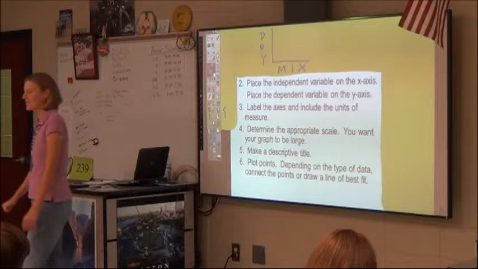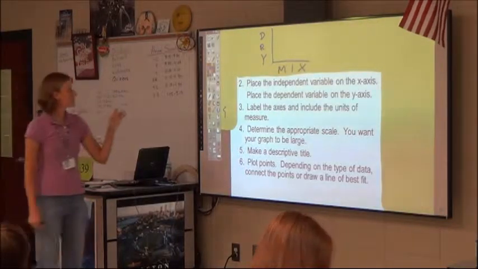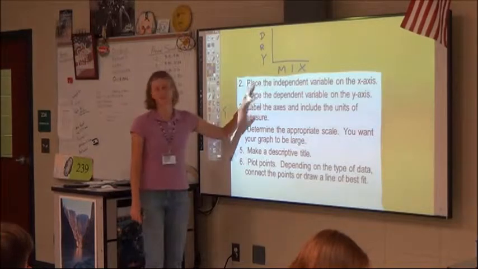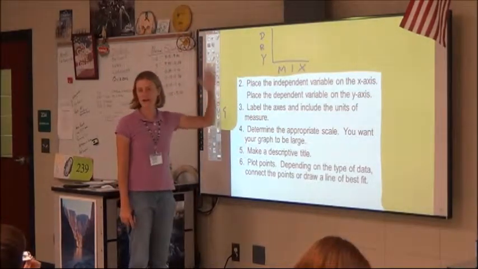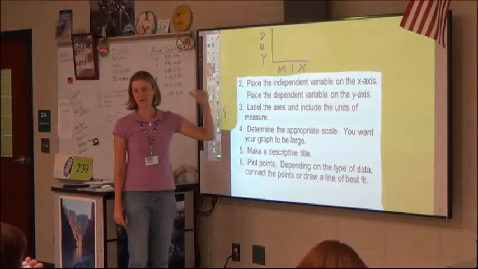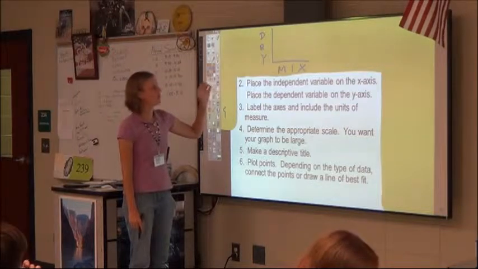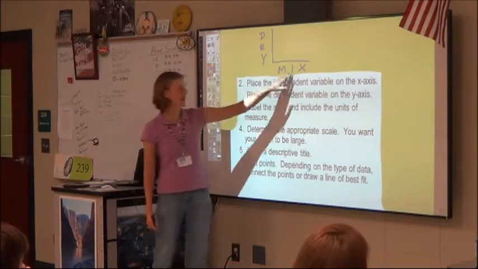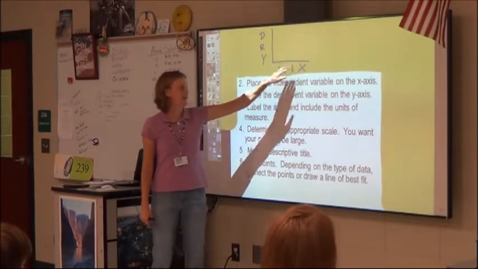All right, sounds like you guys have heard of DRY MIX before. This is just a helpful trick to remind you what variable goes where. So in our last example, we're going to graph the child's height every year. Well, what goes where? We said the independent variable was time, which it often is, not always, but often. So that's got to go on the x-axis.